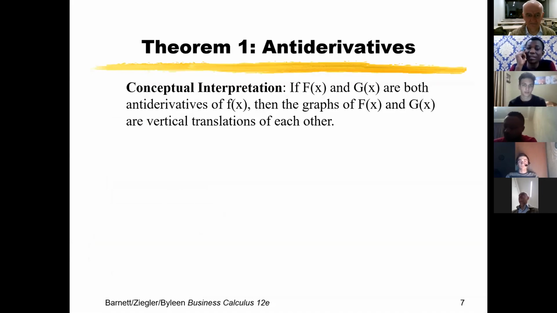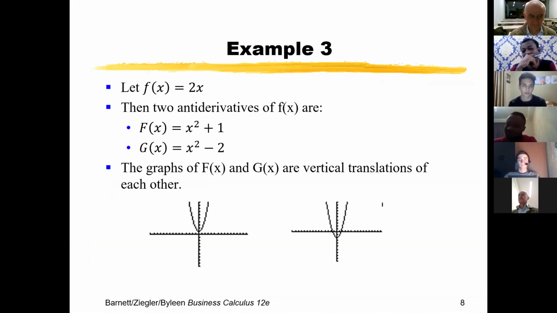How do we get x cubed? If we have a function f(x) equals 2x, the question is how do we get that x cubed.